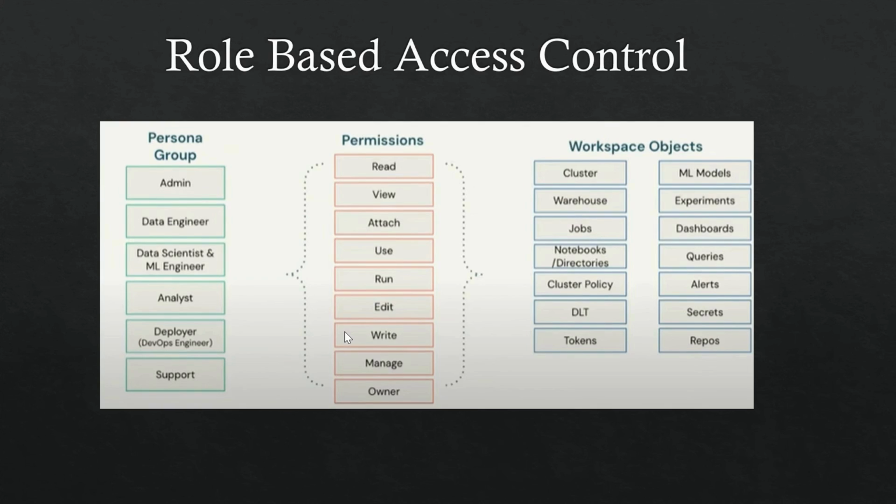Let's say the data engineer will need read, write and manage permission on a notebook, so you can provide all three permissions to the data engineer. If you want your support team only to read the data, then you can provide the read permission to the support team. Similarly, the administrator will have all the permissions applicable for that particular object.